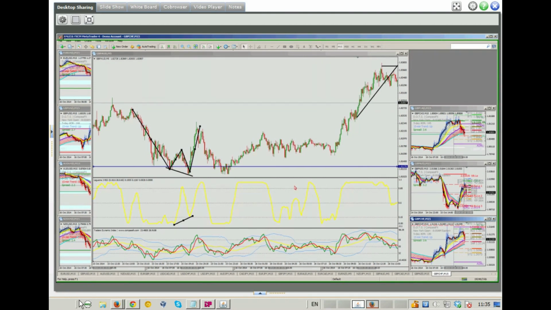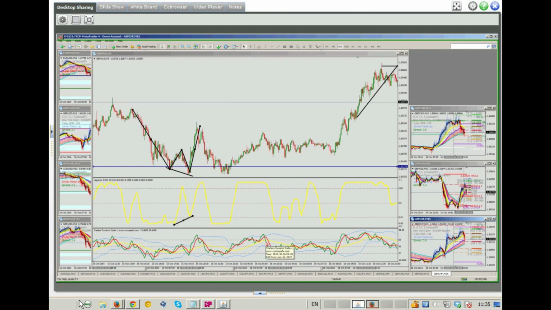So in other words, if you go on the yellow Laguerre only, if it crosses the 85 going down once it's formed an M, or crosses the 15 going up once it's formed a W, okay, trade. It forms an M crossing the 85, trade.